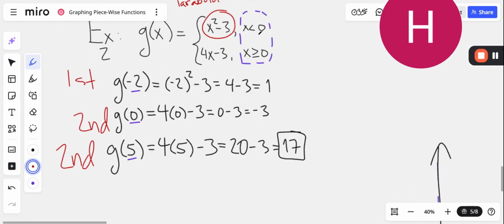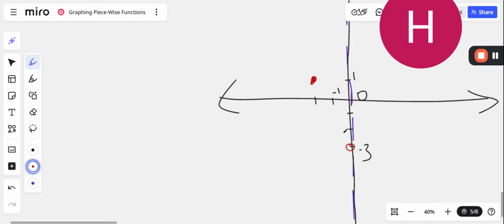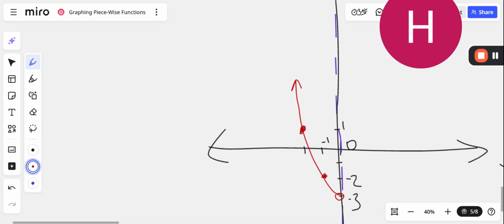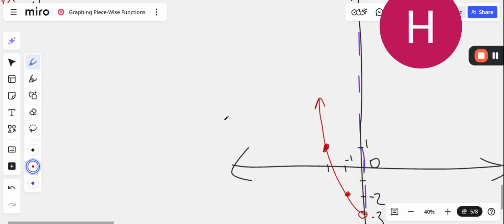So let's plug in negative 1 as well. If you plug in negative 1, that's just positive 1 minus 3, or negative 2. And so that's going to be right here, something like that. Here at negative 2. And so this portion of the graph does parabola things, right? It kind of curves upward. We call that concave up.